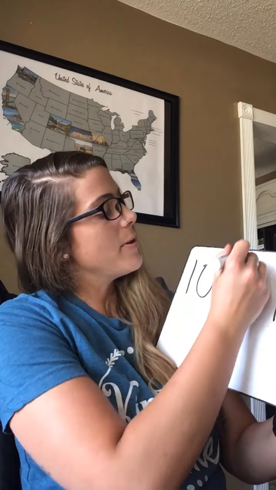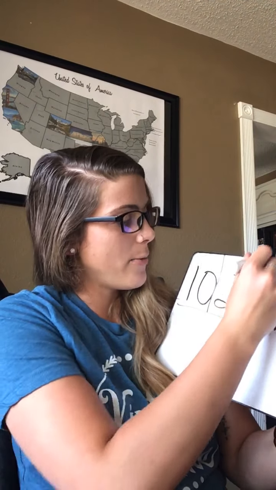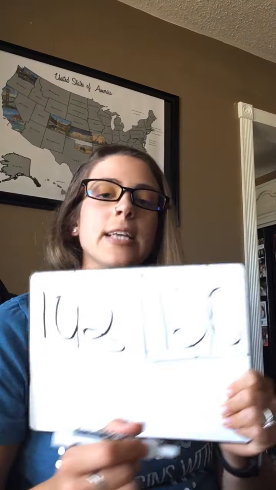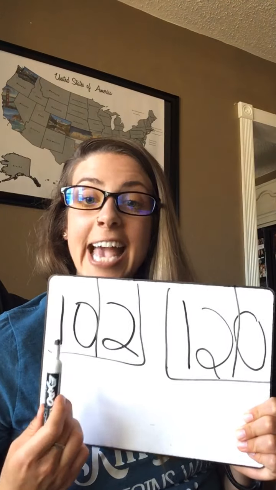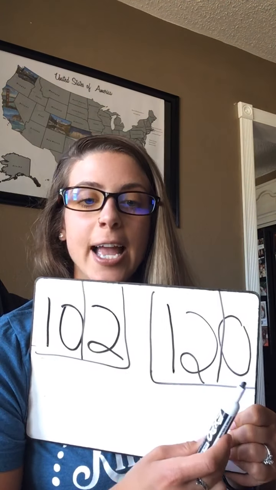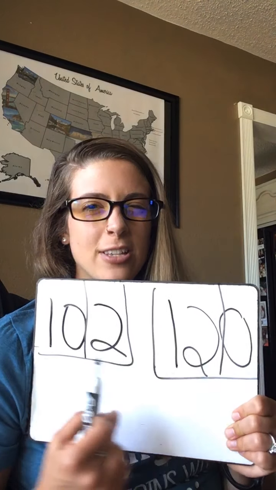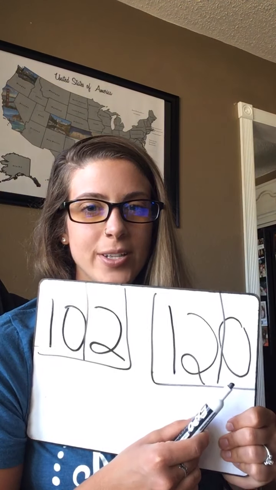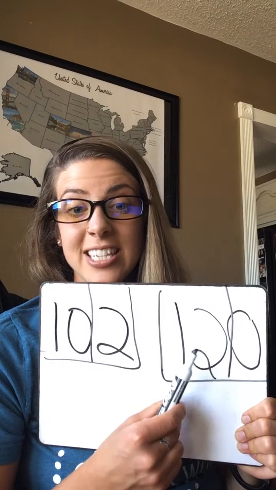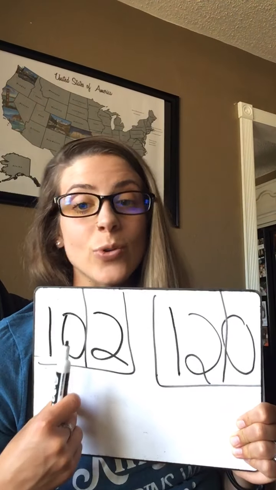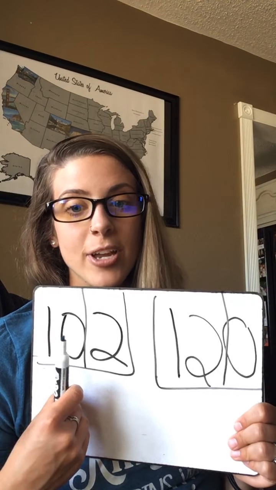And if we need to, we can put them in the place value boxes. You might be able to figure it out without doing this, but it's still good to practice that. So now we have 10 tens and 2 ones and 12 tens and 0 ones. Now does it matter this one has 2 ones, that one has 0 ones? Not really, because this one has 12 tens and this one only has 10 tens, and that's a bigger number.